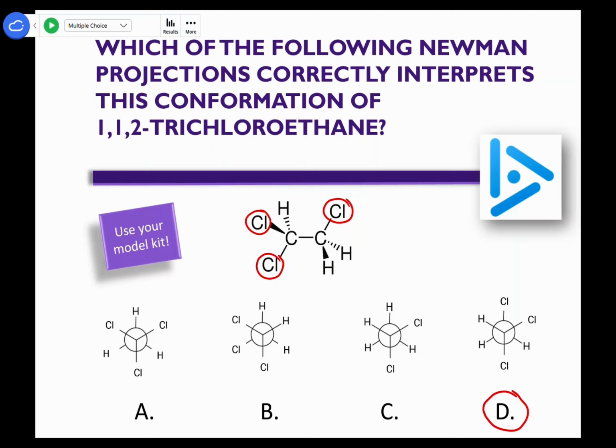We can see the back carbon has a hydrogen down to the left and down to the right. So this model, I'm going to almost set it down, exactly matches what we see in D. What's wrong with A? Does someone want to shout it out? Why is A incorrect?